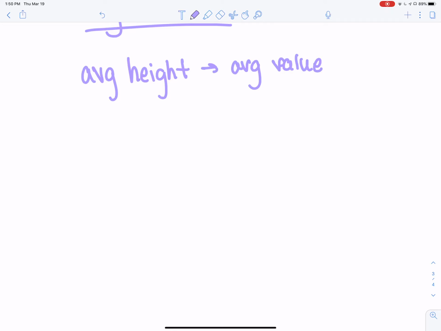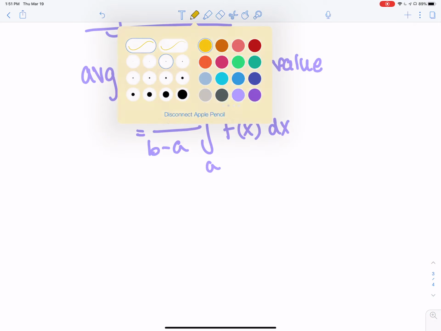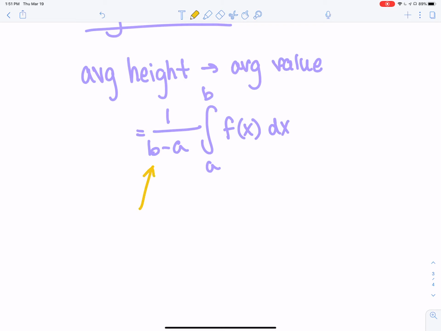That was equal to the integral from a to b, but you had to divide it by, if you remember, b minus a. So it's 1 over b minus a times the integral from a to b of your function. And really what this is doing is it's taking the value of the integral and dividing it by the length of your region. So that's divided by the length of interval.